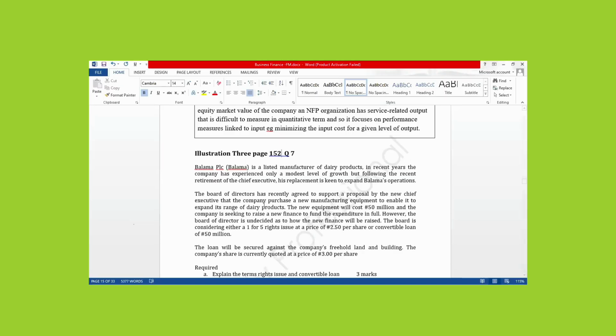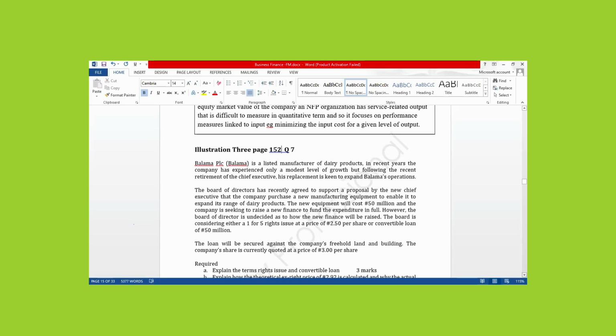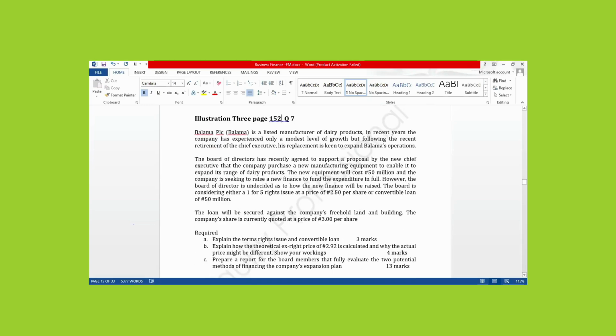All right. The company's share is currently quoted at a price of 3 naira per share. Requirement for 3 marks: explain the terms rights issue and convertible loan.